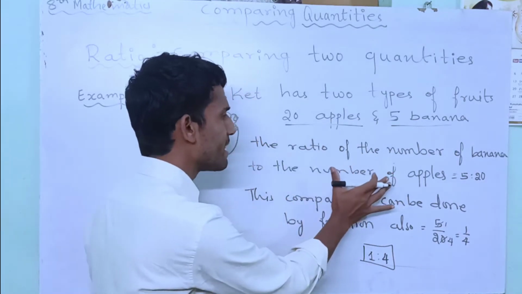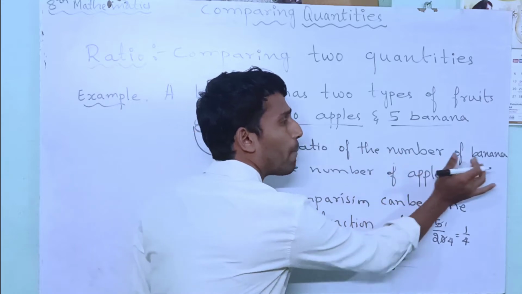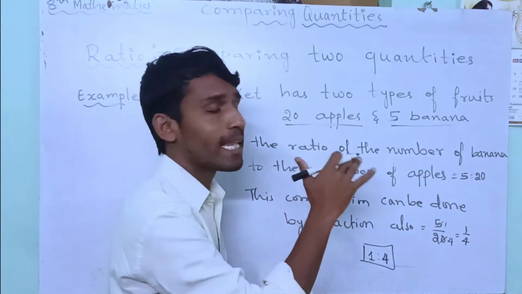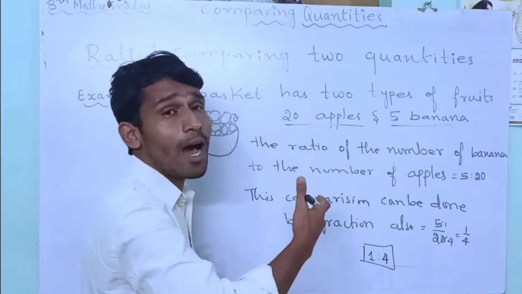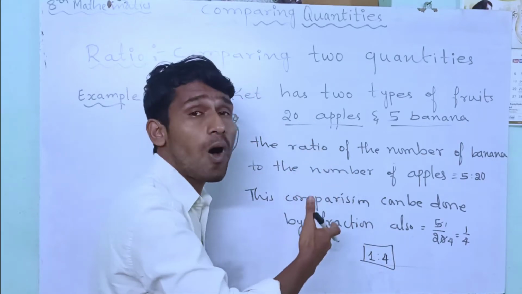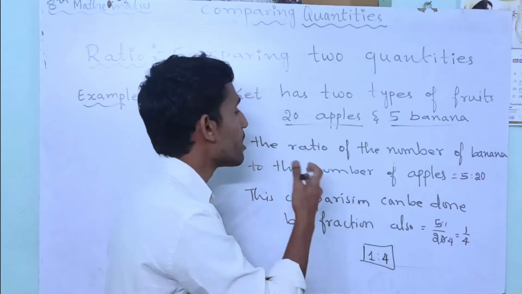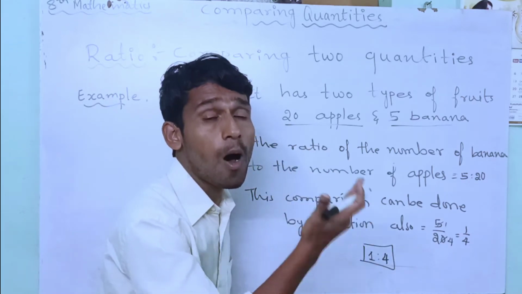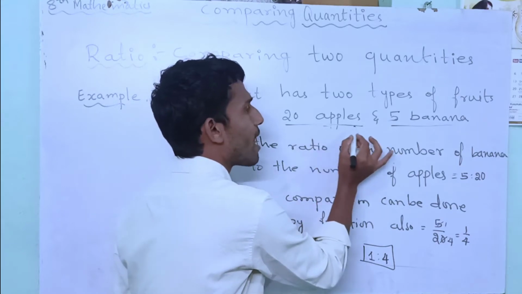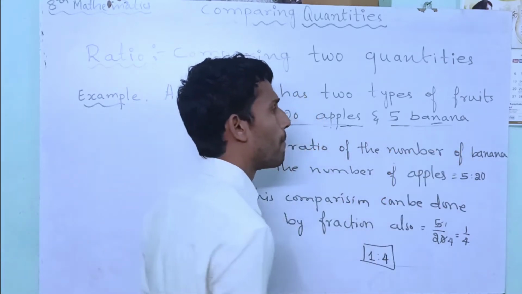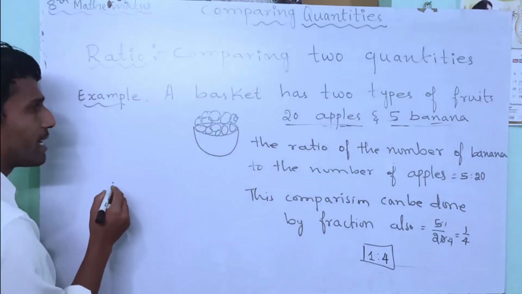Here we represented the ratio of the number of bananas to the number of apples as 5 is to 20. If we have to represent the ratio of the number of apples to the number of bananas, how can we represent it? See here, 20 is the apples and 5 is the bananas.